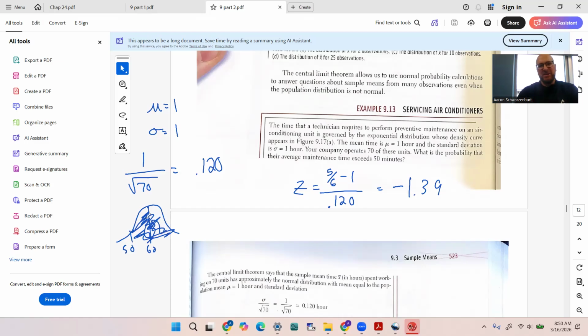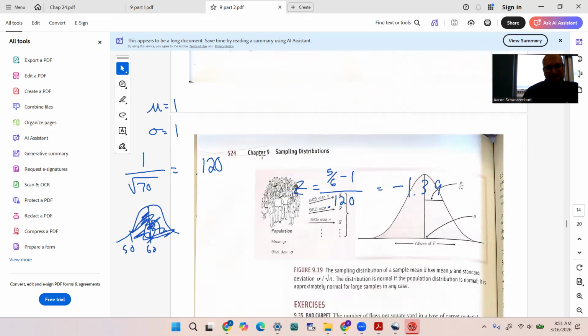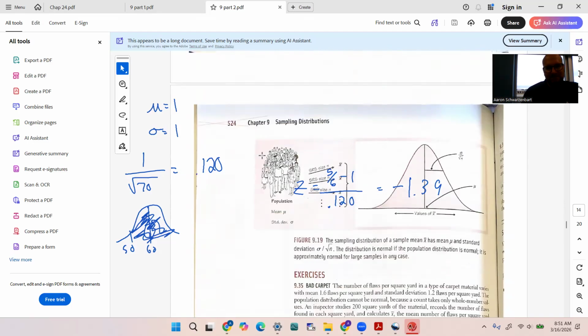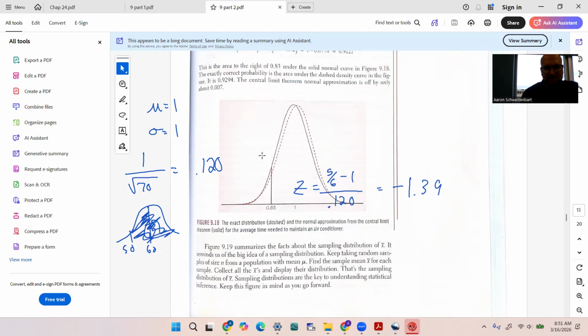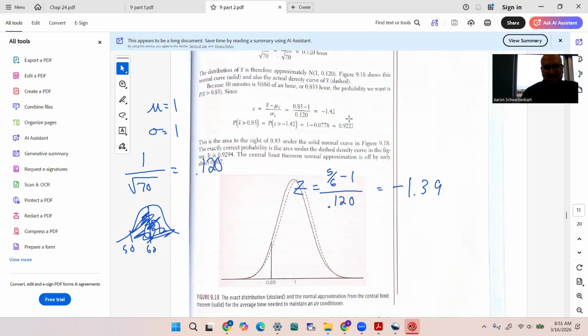So tell me, what is the probability that the average time exceeds 50 minutes? 0.922.